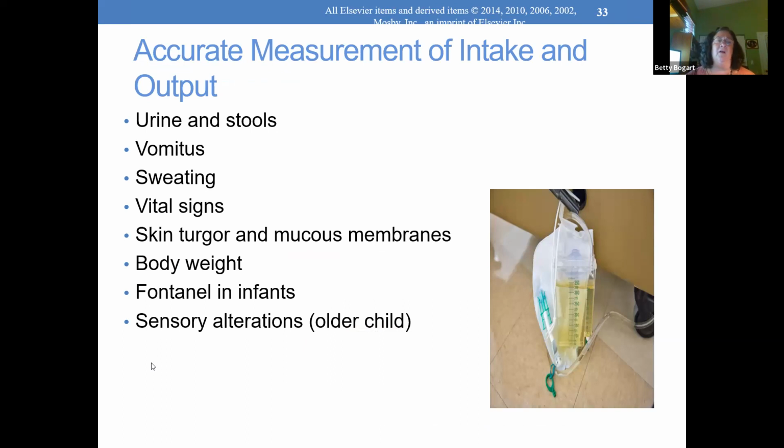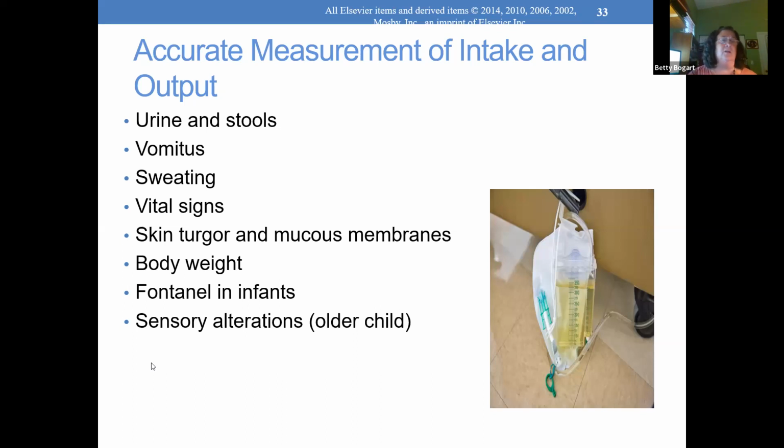Sweating can also be profuse in some conditions, so we would have to monitor that closely. Just like we measure diapers for urine output, sometimes we put a chux underneath them and weigh the chux before and after and figure out how much urine came out. So sometimes we have to monitor that closely.